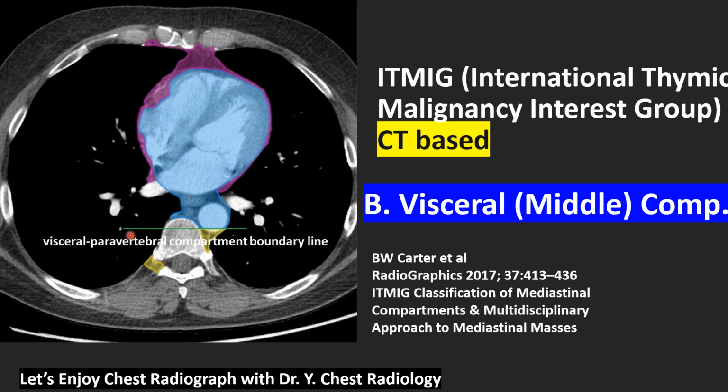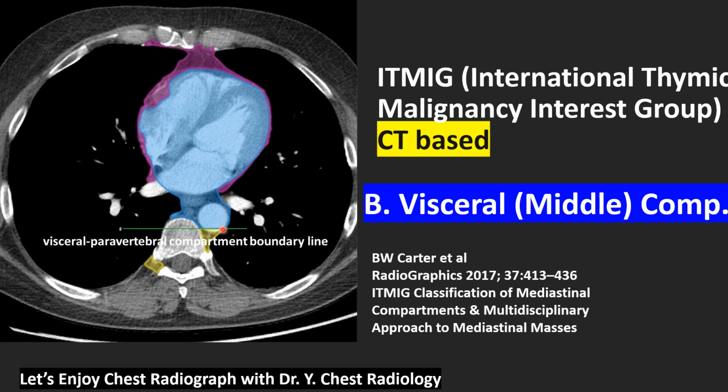In this axial CT image, the green line named visceral paravertebral compartment boundary line is the posterior margin of the visceral compartment, and this is the anterior margin of the visceral compartment, the pericardium.